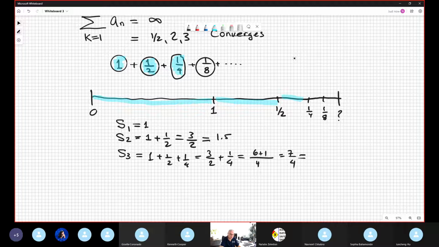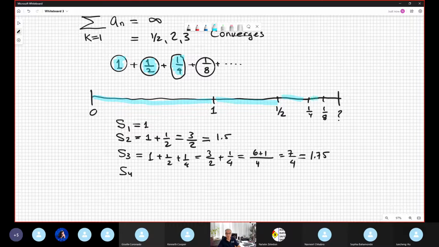Plus 1 over 4, sorry, I made a mistake here. 4 divided by 2 is 2, 2 times 3 is 6. And 1.5 plus 0.25 is 1.75, which is equivalent to 7 over 4. Let me verify with my calculator. Of course, no problem.